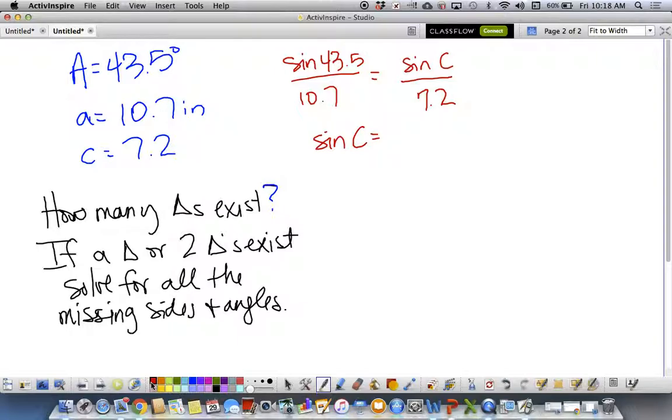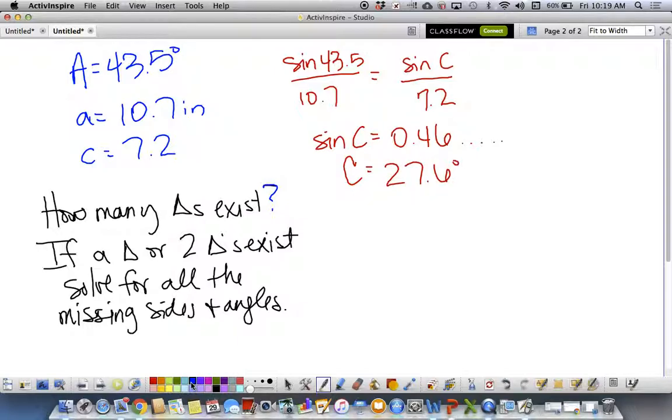0.46, etc., etc., etc. Stop right there. Does it make a triangle? Yes. So what is angle C? 27.6 degrees.